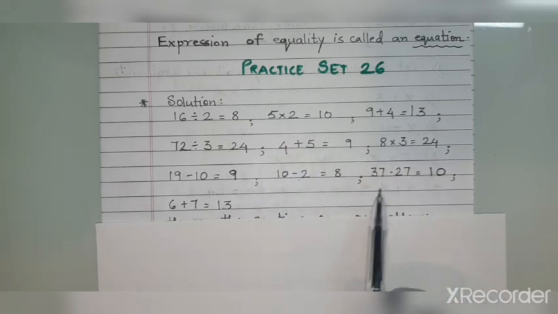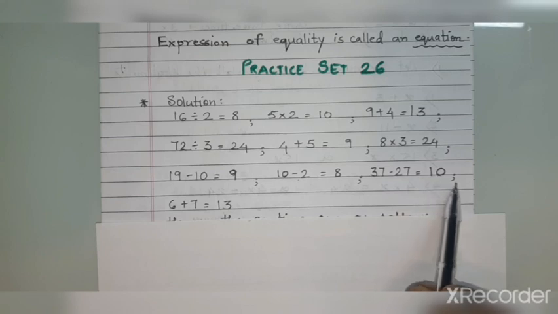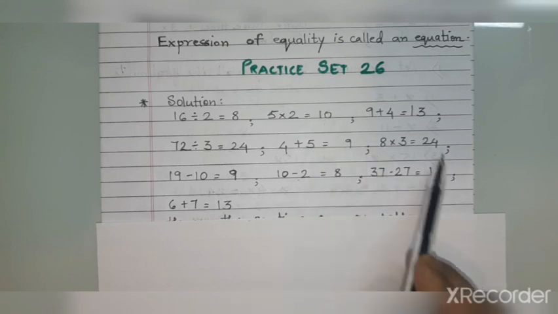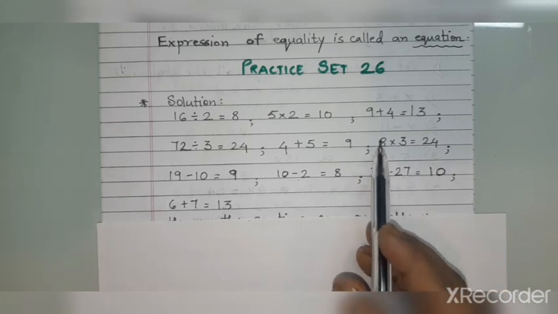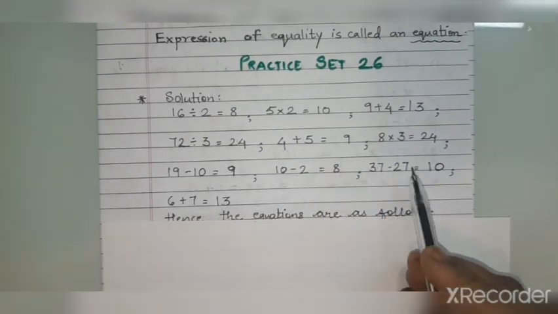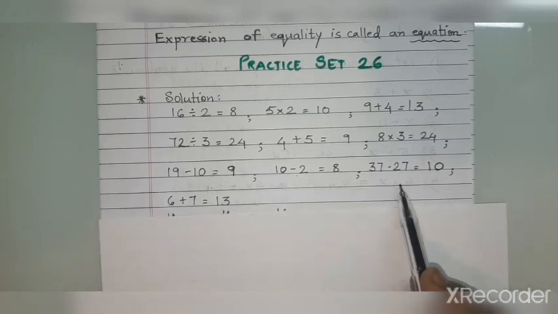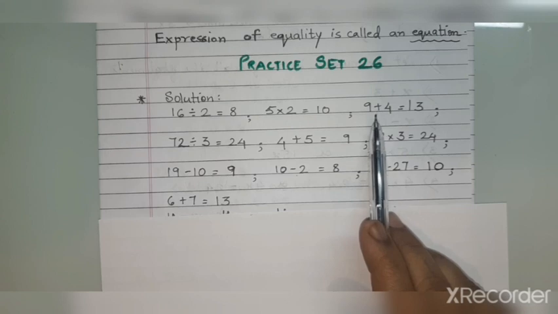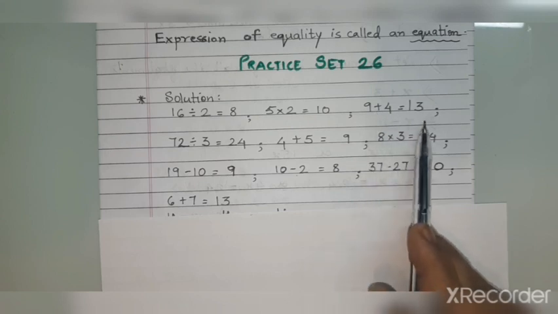Which other answer is 10? 37 minus 27 is 10. So if both answers are 10, then we can write that 5 into 2 is equal to 37 minus 27.